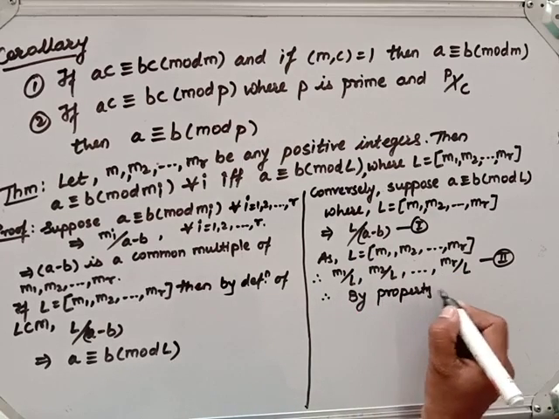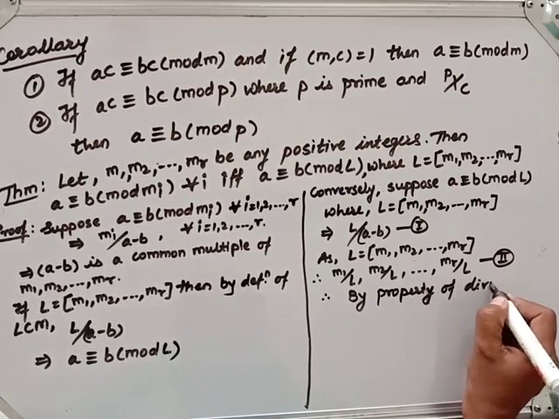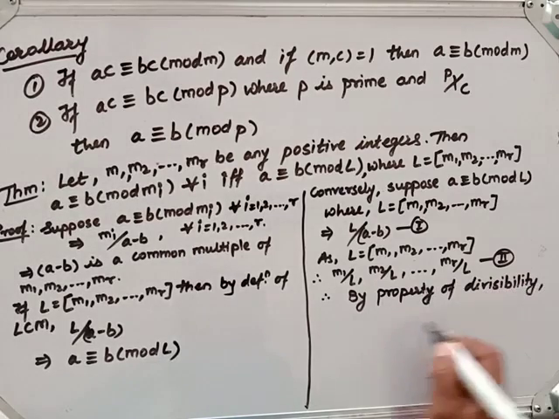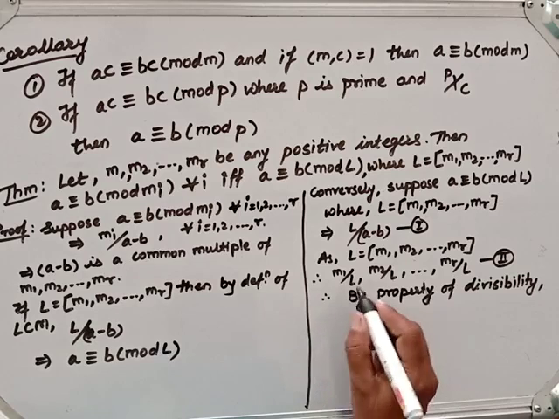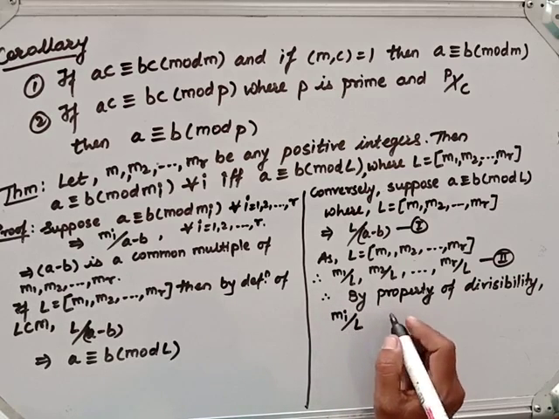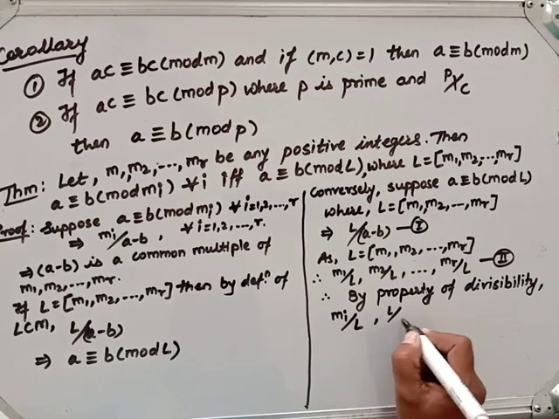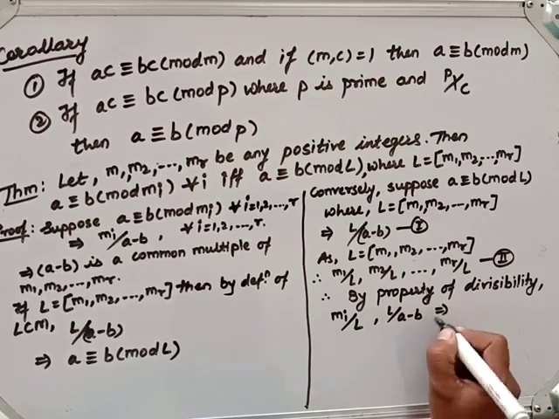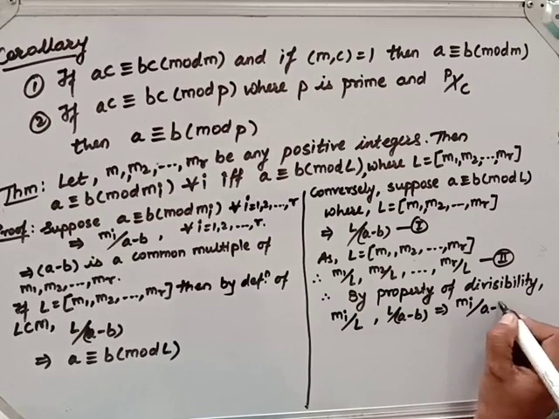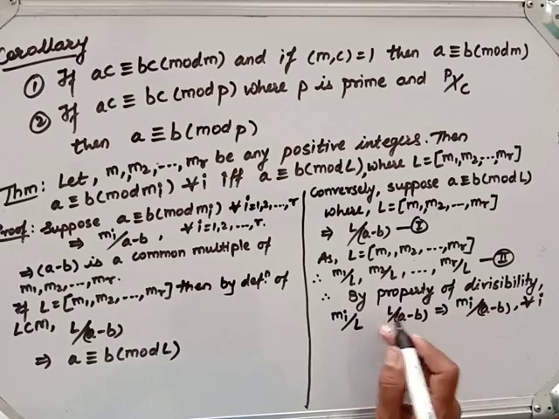So by property of divisibility, what we get here? Which property do I want to use? Let me write this: Mi divides L, and L divides A minus B. So this gives Mi divides A minus B for all i.